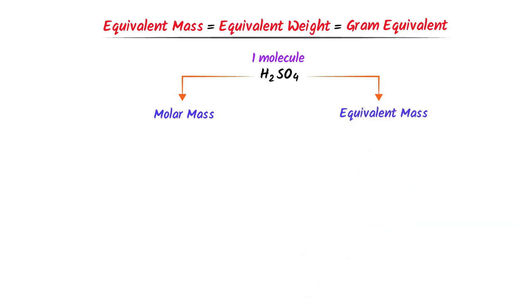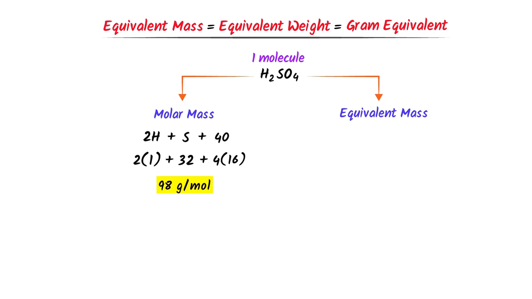For example, there are 2 atoms of hydrogen, 1 atom of sulfur, and 4 atoms of oxygen present in one molecule of H2SO4. The molar mass of hydrogen is 1, the molar mass of sulfur is 32, and the molar mass of oxygen is 16. After calculation, I get 98 gram per mole. Now this is the molar mass of H2SO4.